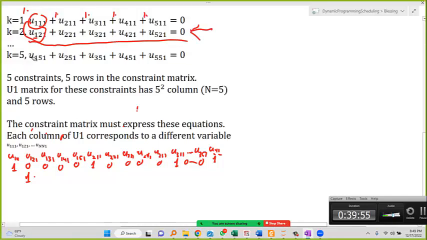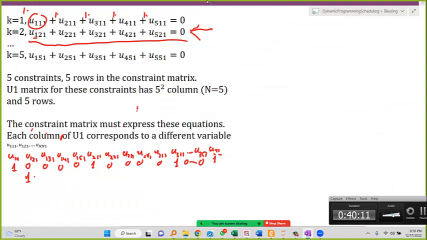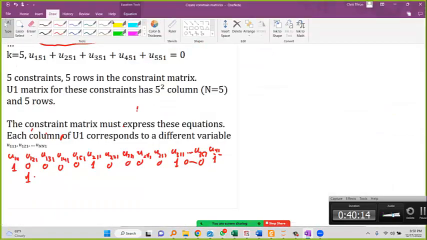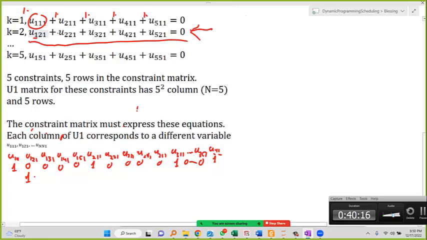So what column is that? That's the third, fourth, fifth. The seventh column. Okay, yes. Seventh column. Right, okay, so let me go there. 2, 3, 4, 5, 6, that's 7. Seventh column. Yes. Then U3, 2, 1.